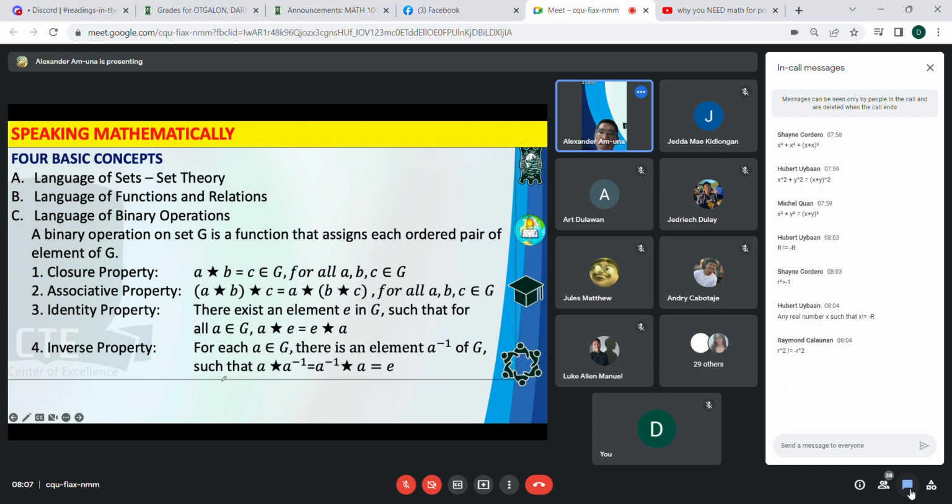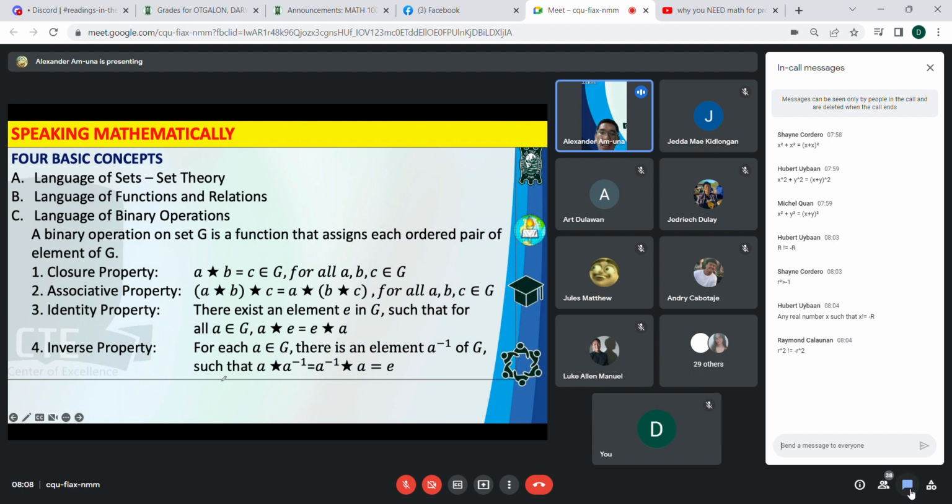What does it mean? It only means that, for example, 4 plus 10 equals 14. 4 is a real number. 10 is another real number. When we add 4 and 10, then the result will be another real number.